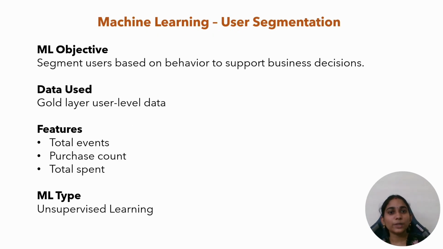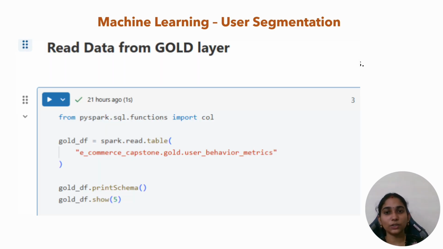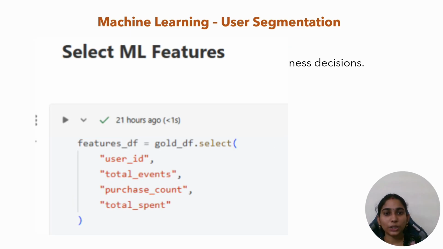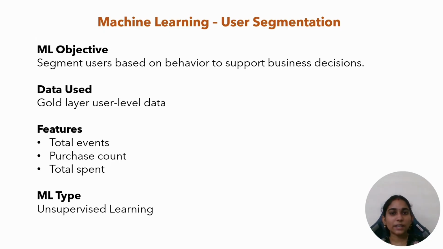The goal of the machine learning part is to segment users based on their behavior, so the business can understand different types of customers. I used gold layer user-level data with features like total events, purchase count, and total spent amount. Since there was no predefined label, I used unsupervised learning.